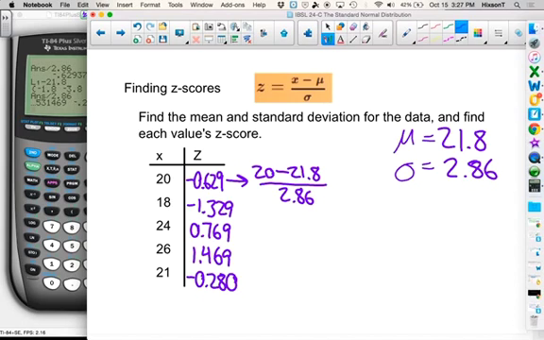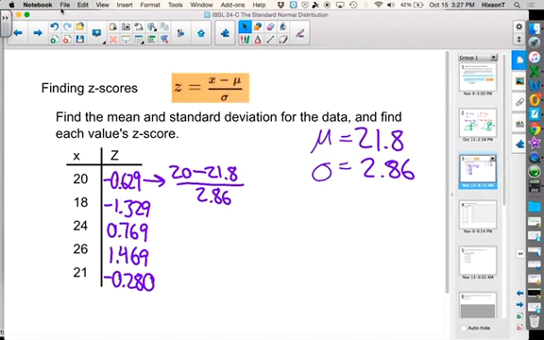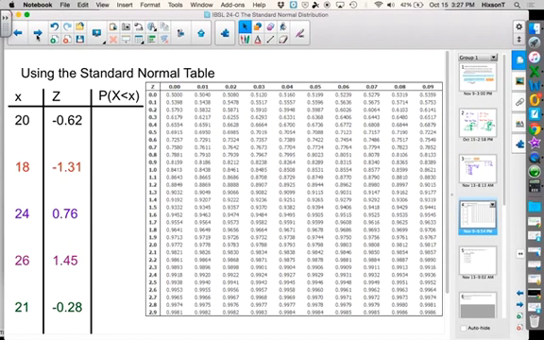Now, how is this useful? I'm going to start with the positive values here, and we already looked at the standard normal table briefly, but let's take a look at, for the score 24, I have a z-score of 0.76. So what's the probability that a randomly chosen variable will be less than 24? Well, it's the same probability that the z-score for that score will be less than 0.76.